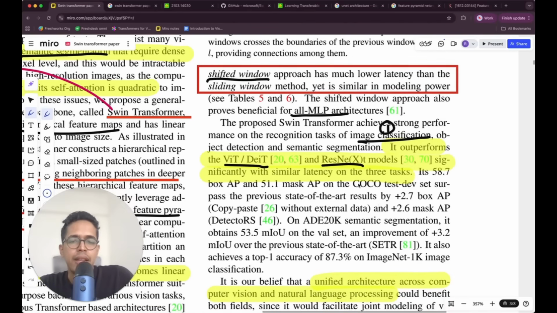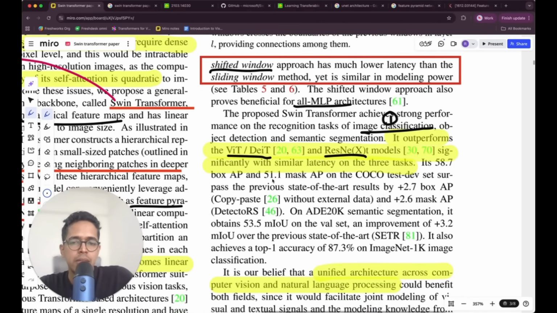Its 58.7% box average precision and 51.1% mask average precision on the COCO dataset surpassed the previous state of the art by 2.7 percentage points and 2.6 for mask average precision. We saw this in the abstract.